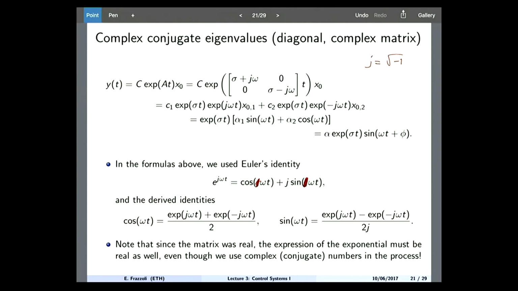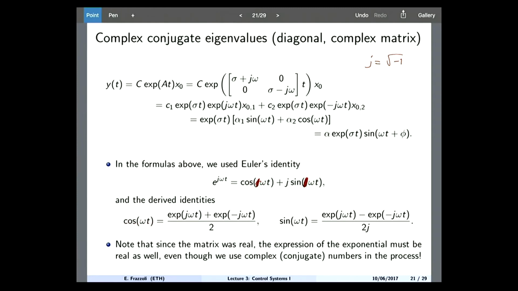For me, it's kind of magic, right? The first time I saw this formula, I wondered how is that possible? But it's actually reality. This is something that actually connects the exponential, in particular of imaginary numbers, to sine and trigonometric functions. Essentially, every time you see exp of j omega t plus exp of minus j omega t, that corresponds to a cosine.